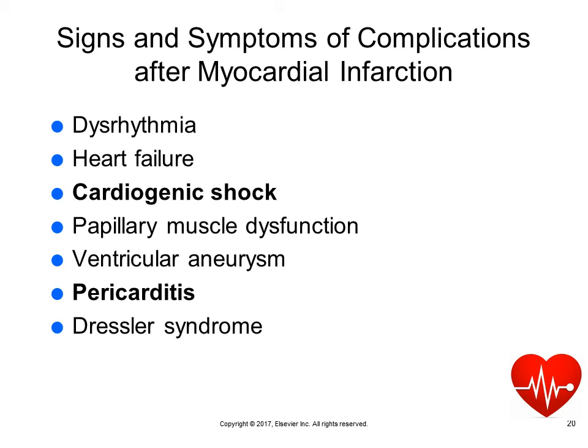Signs and symptoms of complications of MI include dysrhythmias, heart failure, cardiogenic shock, which we will touch on a bit more, papillary muscle dysfunction, ventricular aneurysm, pericarditis, which would be noted by a friction rub, and Dressler syndrome. You can see more about that, table 20-3 on page 460.